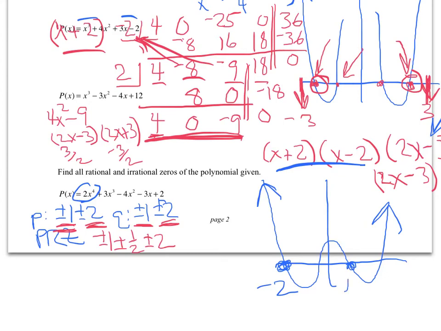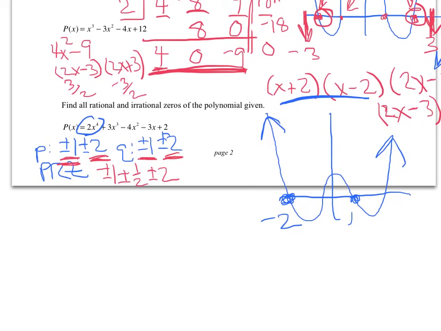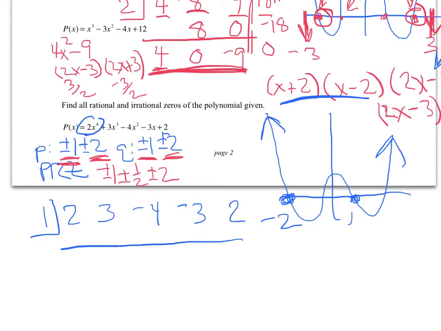So I'm going to do synthetic division with 1 and find the other factor. My polynomial is, let me raise this page up just a bit. I'm checking 1, so I put 1 on the shelf. Coefficients, no missing terms: 2, 3, negative 4, negative 3, and 2. We'll get this set up. Okay, so bring this 2 down.